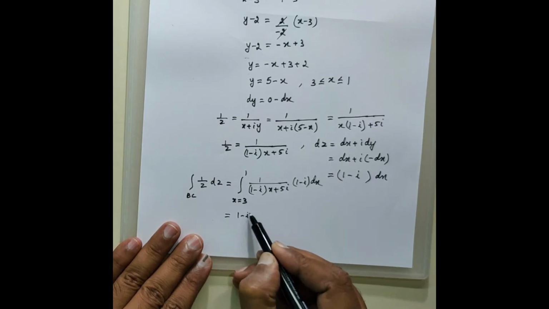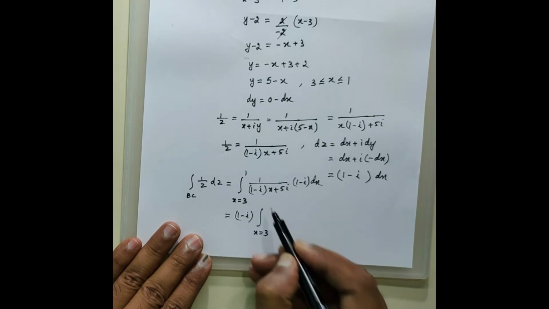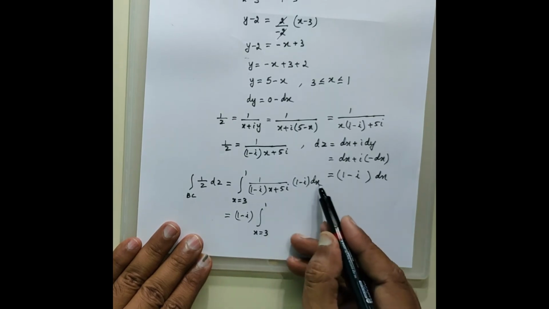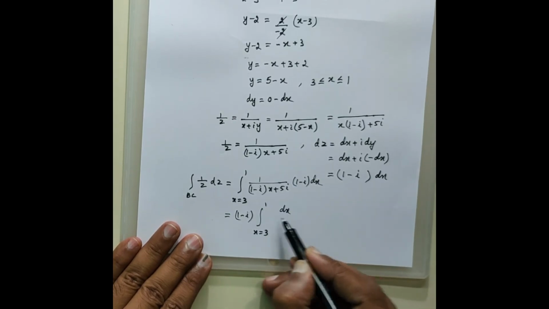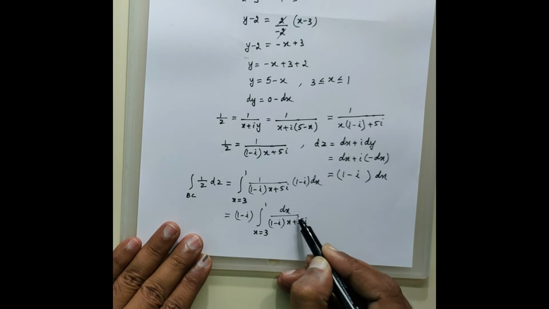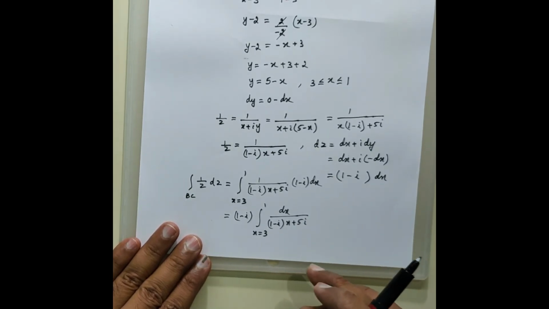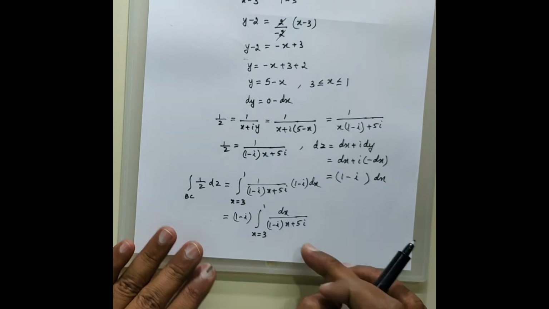So write down 1 minus i as common outside. You are left with the integral x equals 3 to 1, dx divided by (1 minus i) into x plus 5i. Now this integral is of the form dx by x, which will be nothing but log of x form.